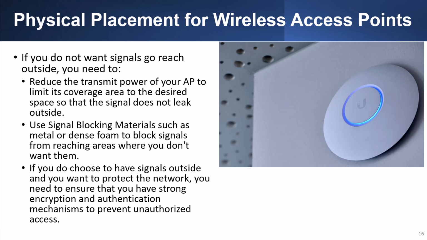Use signal blocking materials such as metal or dense foam to block signals from reaching areas where you don't want them. If you do choose to have signals outside and you want to protect the network, you need to ensure that you have strong encryption and authentication mechanisms to prevent unauthorized access.